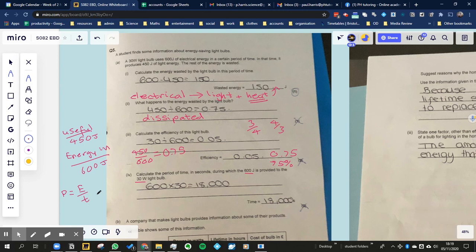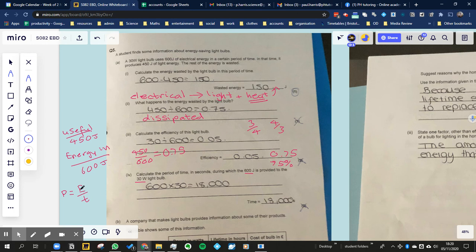Now, you can use a formula triangle, or you can just rearrange it in a different way. I like people to get away from using formula triangles eventually. So by using the rule of whatever I do to one side, I do to the other side. It's asking me to calculate the period of time.